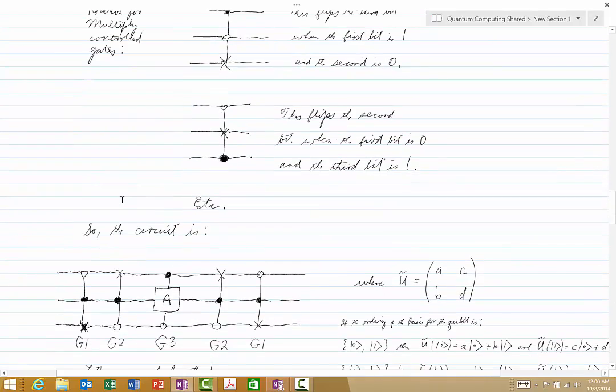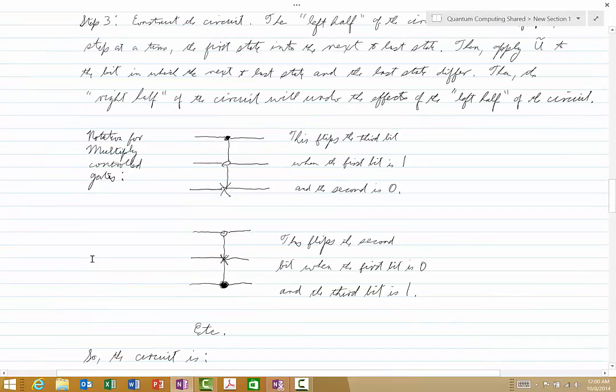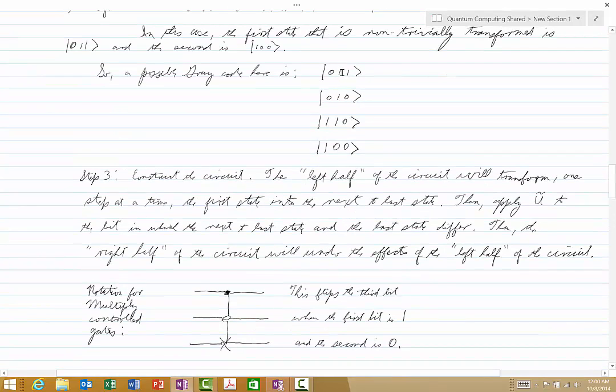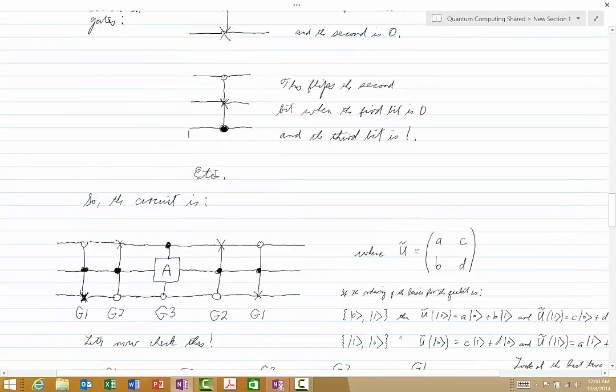So that's why the first element here is this. We have the toggling of the third bit only when the first bit is 0 and the second bit is 1. For both of these, the first bit is 0 and the second bit is 1, and we toggle the third bit. So that's why we have 0, 1, and then toggle the third bit.